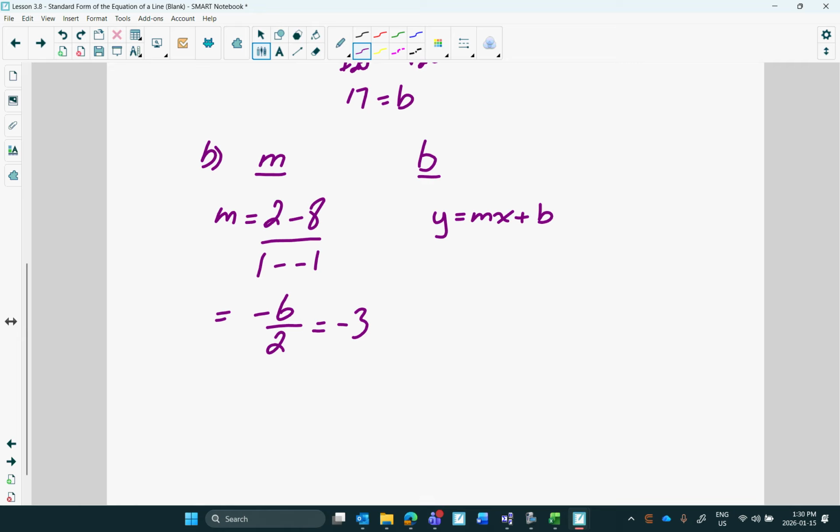So I'm going to use the point 1, 2, plug 2 in for y. Well, we just found m is -3. Plug 1 in for x, and we got plus b, and no fractions again, which is nice. So -3 times 1 is -3. Add 3 to both sides, and b is 5.